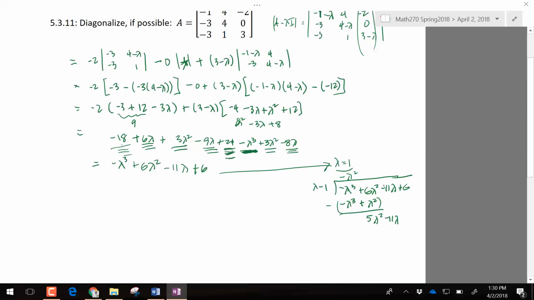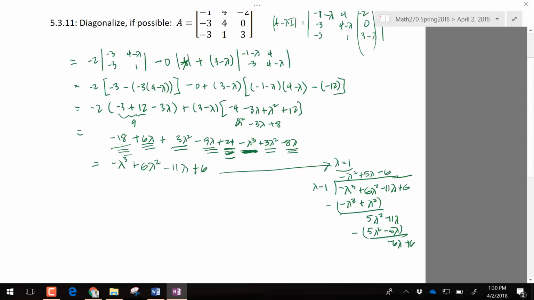Bring down the 11 lambda. I probably need to move this over, but this would be 5 lambda squared minus 5 lambda. Subtract. And this would become a negative 6 lambda plus 6. Bring down the 6.